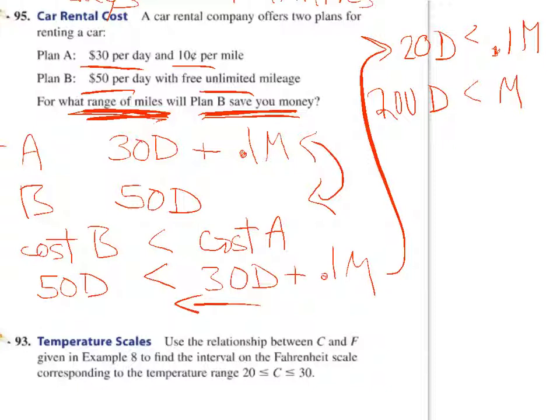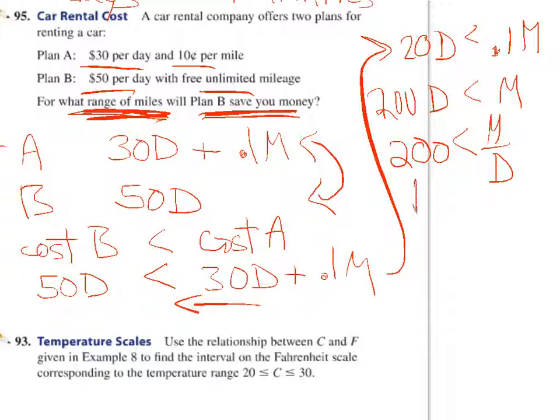Okay, so that 200 is, well, actually, I don't know what it is, but if we divide by D, we get 200 is less than M over D, and M over D is miles per day.